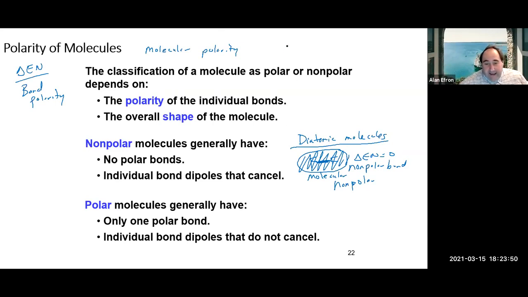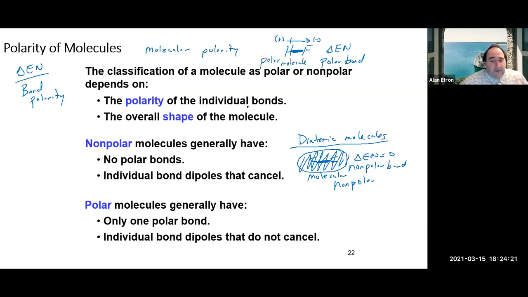If we had something like HF, for example, if we looked at the difference in electronegativity, the fluorine is more electronegative, so we could draw that arrow pointing to the more negative side, and this is the more positive side. Now, this guy has a polar bond because of the difference in electronegativity, but for the same reason as above, because this is the only bond in this molecule, it would also be considered a polar molecule.